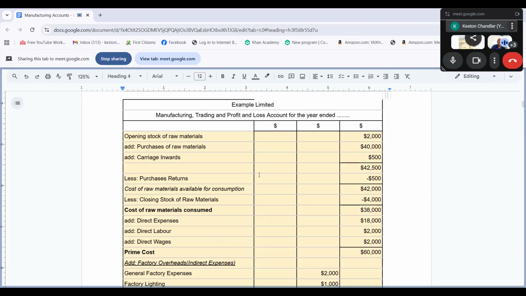Something other than materials, other than labor or wages.